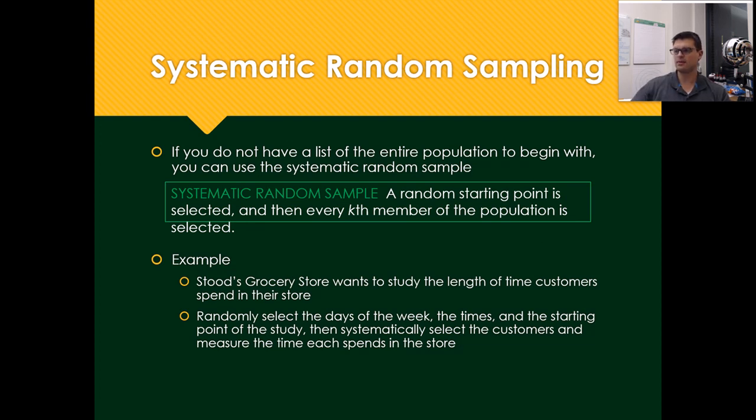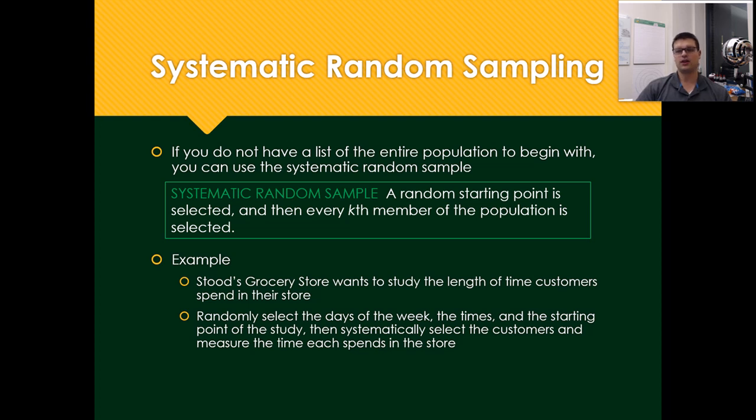So in a systematic random sample, we have your entire list, or you don't have a list, either one. Essentially, it's like when you're at a grocery store, right?